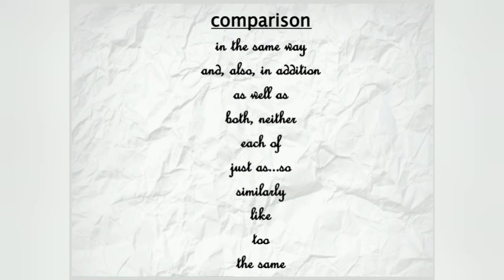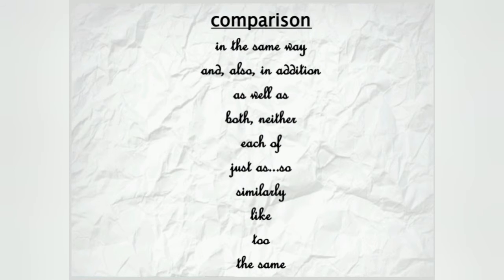The comparison: when the narrator or the poet or the one who has written the passage wants to compare two different things, he or she makes use of these words or phrases: in the same way, also, in addition, as well as, both, neither, each of, just as, so, similarly, like, the same.